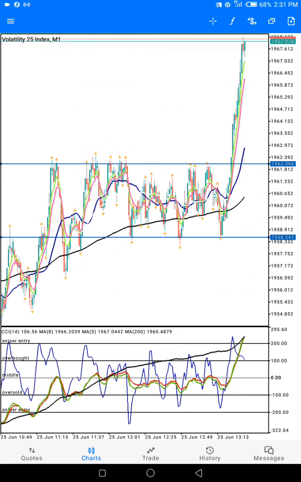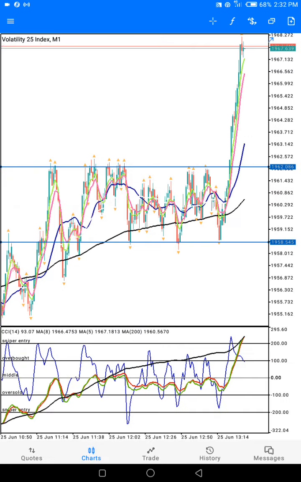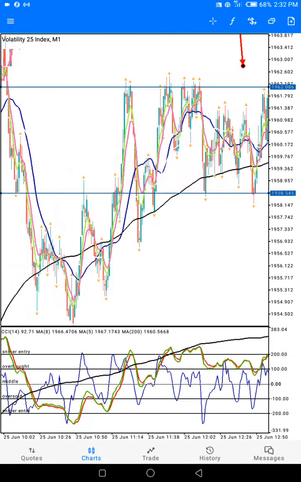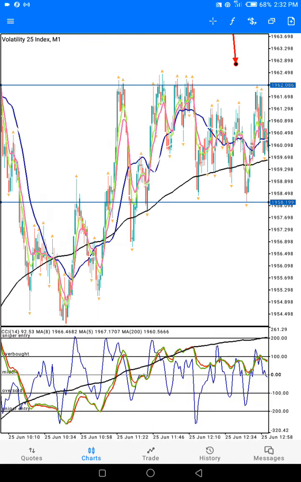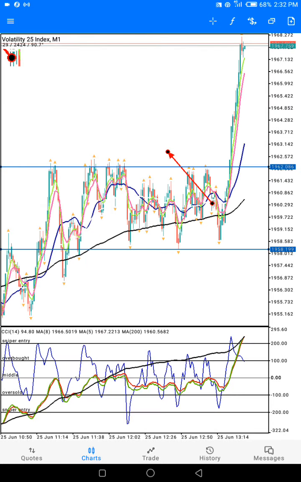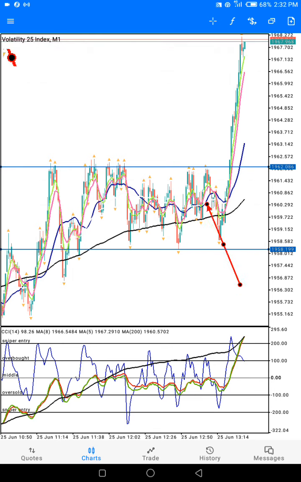Now, this is one thing I want to point out to you guys. If you look at the current trend, what is happening down here now, the market has been consolidating for a while. If you look at the movement, it came up here, retraced back, went up and backward.